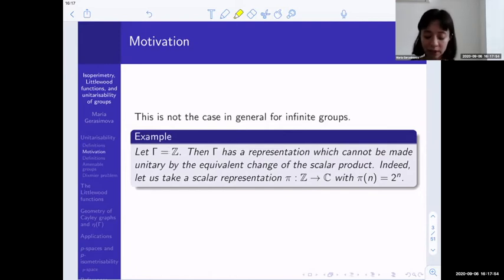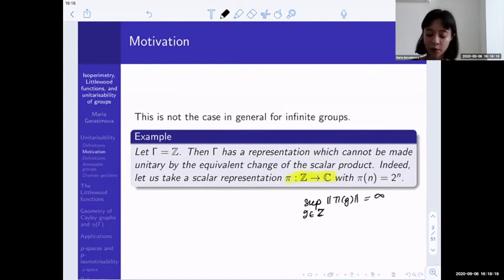Let me define phi by the following formula, and I claim that the reason why we cannot conjugate it to a unitary one is that the supremum over all group elements of the norms is equal to infinity. So if we want to do the same for infinite groups, we should be careful.